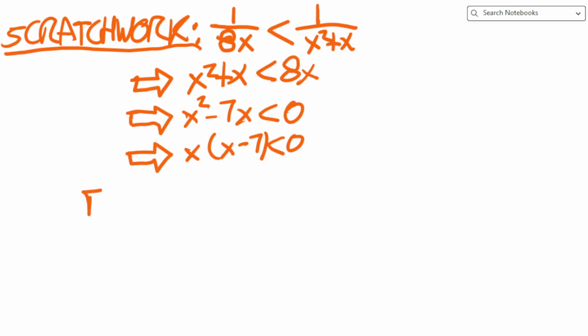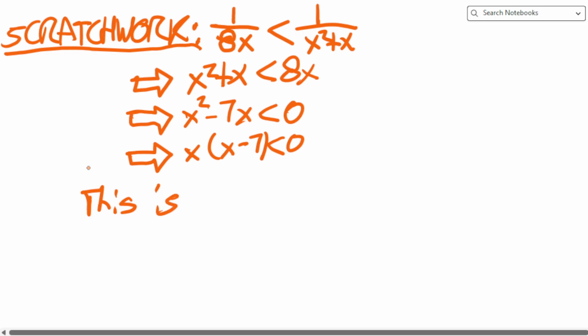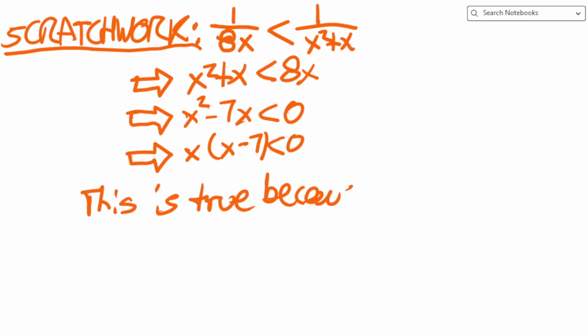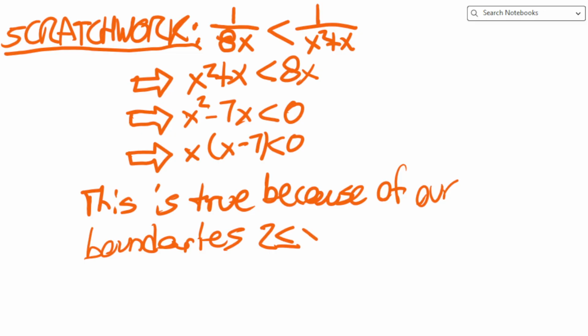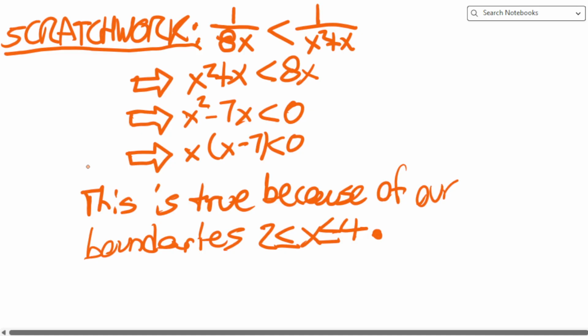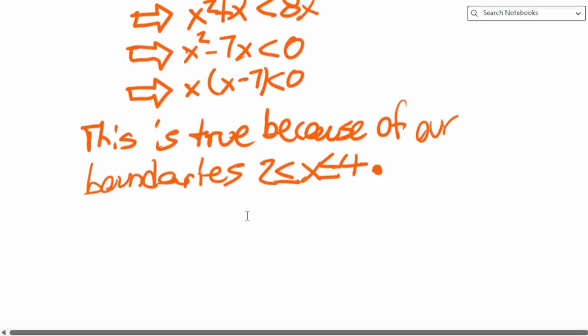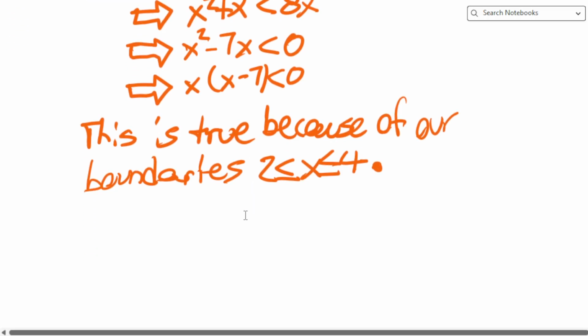So this is true because of our boundaries. So if you were to plug in 2, 3, or 4, or any number in between into our inequality, it would be true. Or whatever number you would get would be less than 0.